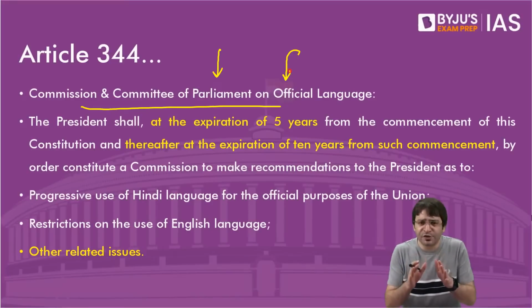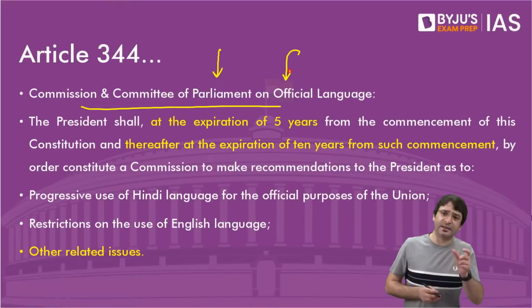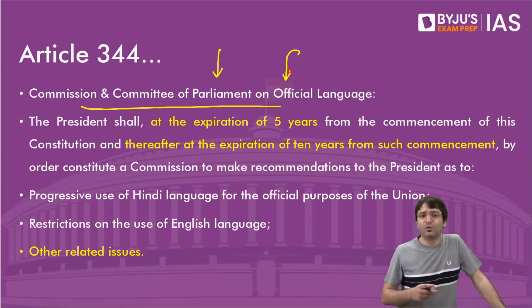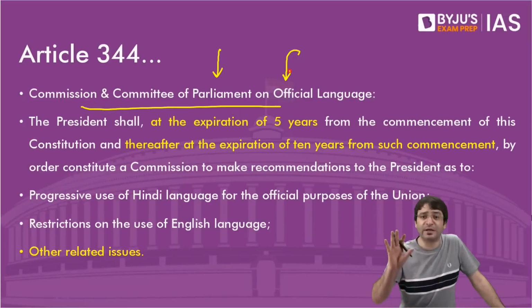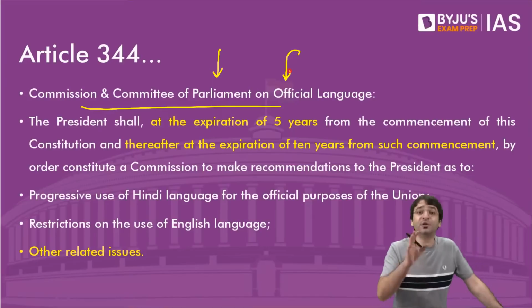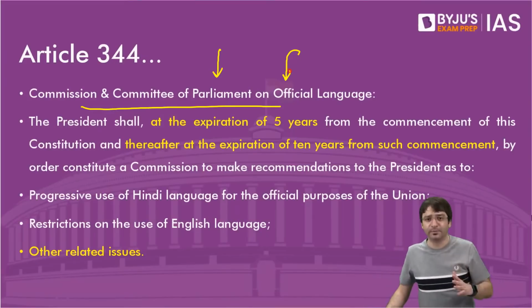What is the official language of the Union? Hindi in Devanagari script. What is the national language of India? There is no national language of India. There is only an official language. So Hindi is not a national language. Hindi is the official language of the Union.